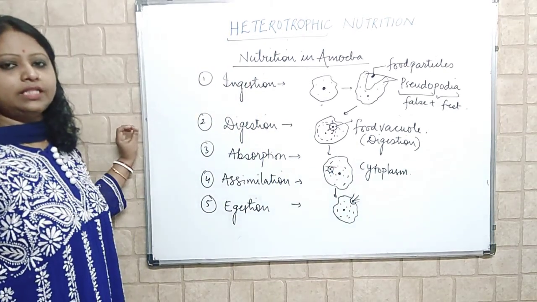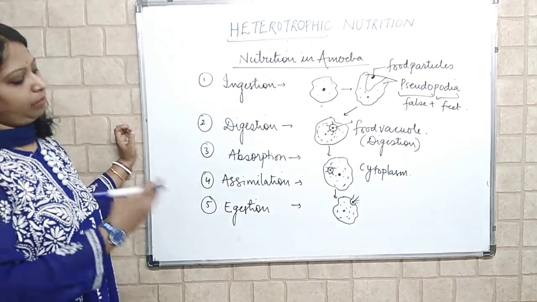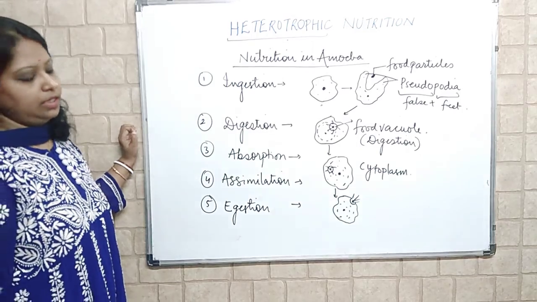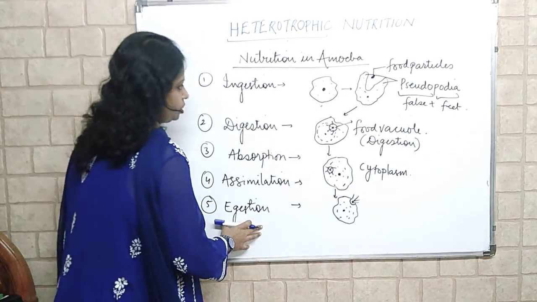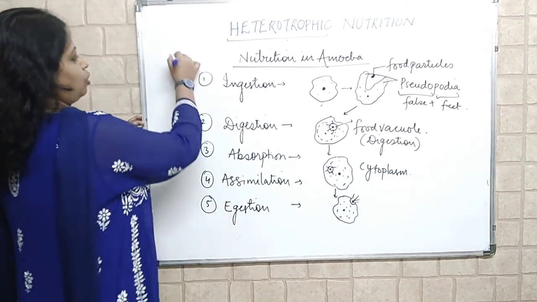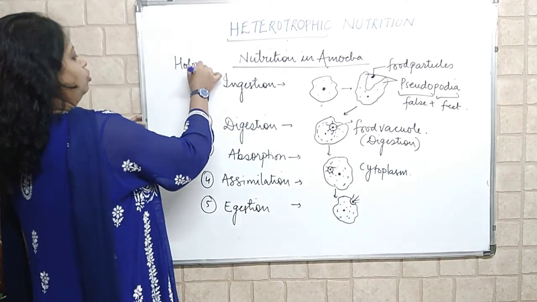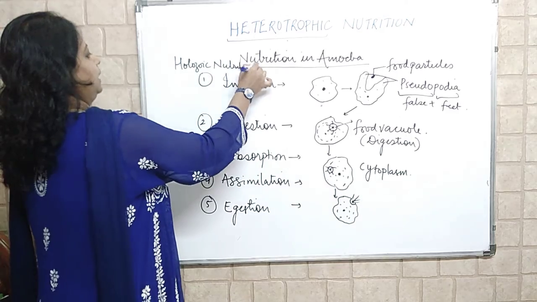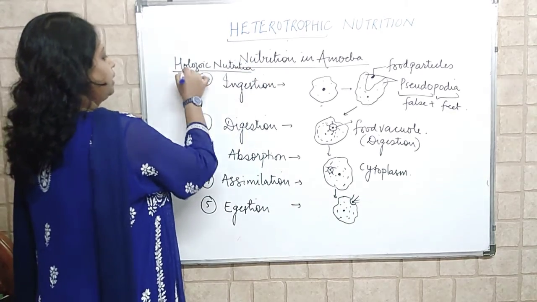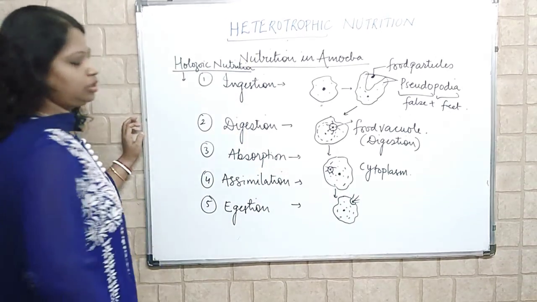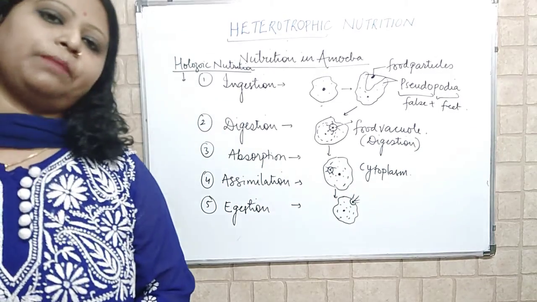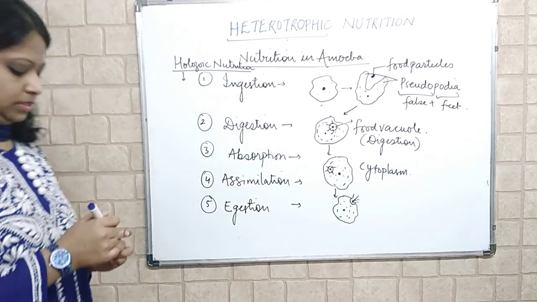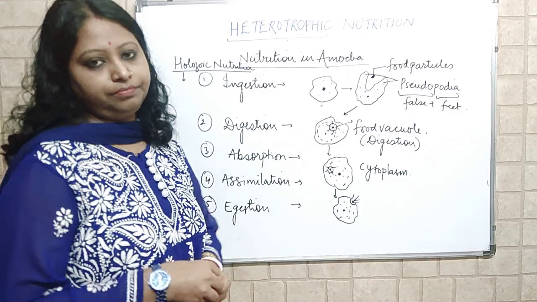Throwing out of the undigested and unabsorbed food will take place again through the cell membrane. This process is known as egestion, and they are all the steps of holozoic nutrition. Any organism performing holozoic nutrition has to undergo all these 5 important steps, the way amoeba does.